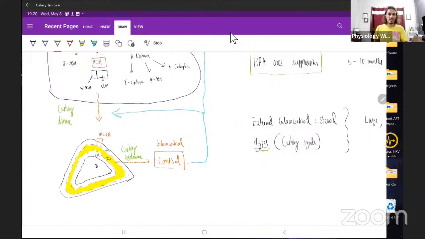So sometimes the question can come, what is the difference between Cushing syndrome and Cushing disease? So this is the essential difference. One, the problem is ACTH production is increased. The other one, any reason why excess cortisol is produced, that is Cushing syndrome.